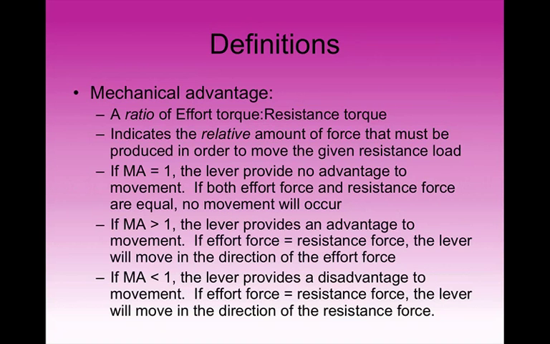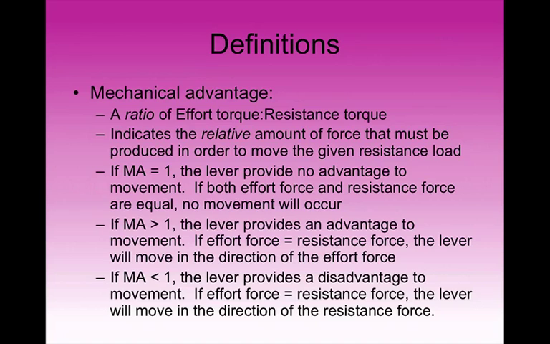And when we talk about mechanical advantage, we're going to talk about this as it pertains to the different classes of levers. Mechanical advantage, if you will, is really just a ratio of effort torque to resistance torque. A mechanical advantage of 1 signifies that you have no particular added advantage given the lever that you're using.